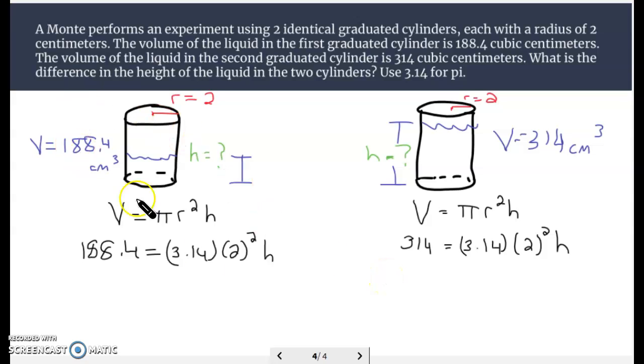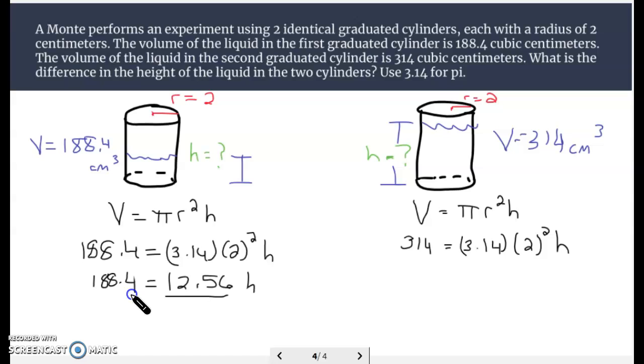Okay, what we're going to do first is over here on the left, we'll figure out 2 squared, which is 4. Then we'll take 4 times 3.14. And that simplifies to 12.56. We're still equal to 188.4. We got to solve this for h.